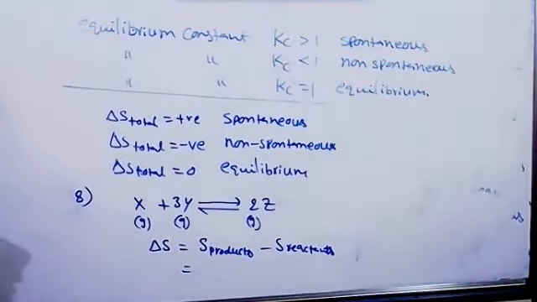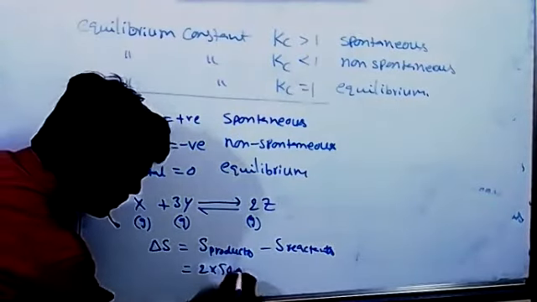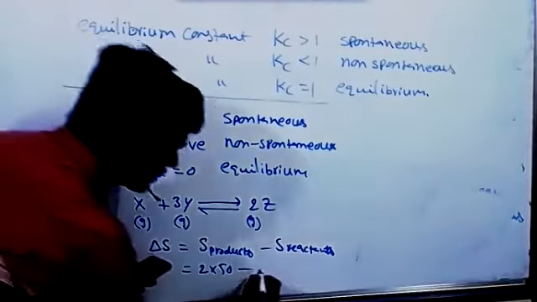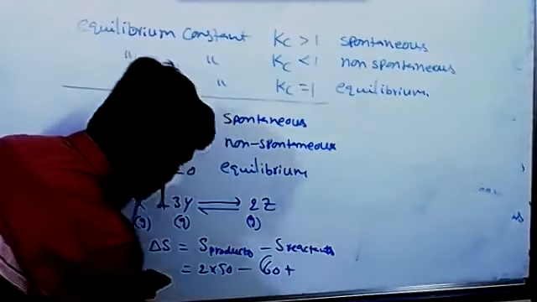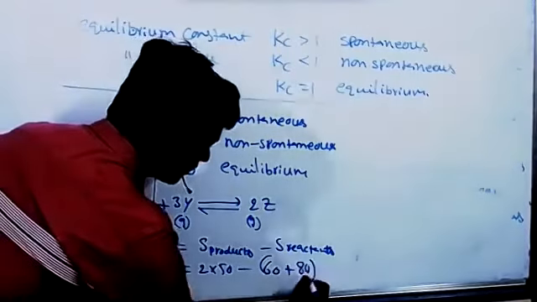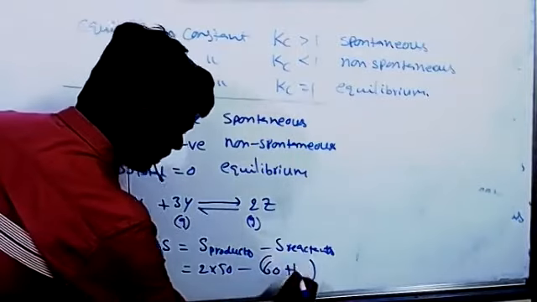Product is 2Z, Z is 50, no? 2 into 50 minus reactants, X is 60 plus 3Y, Y is 40, 3 into 40, 120.